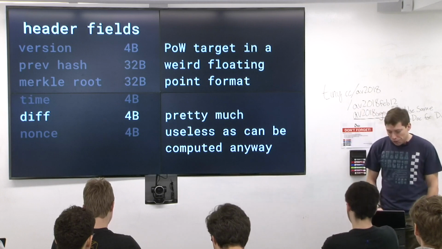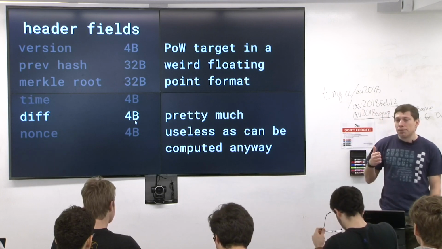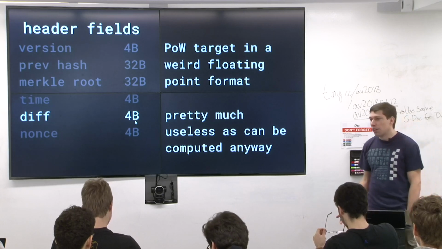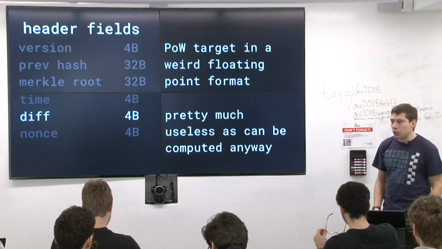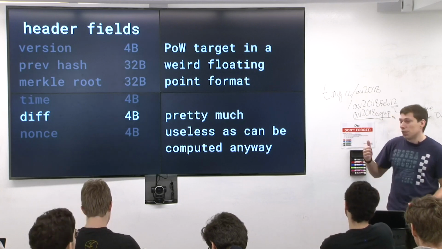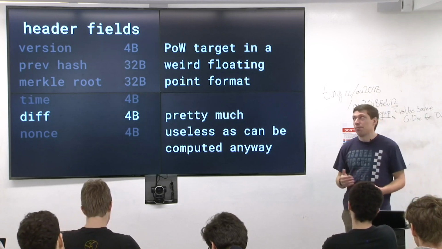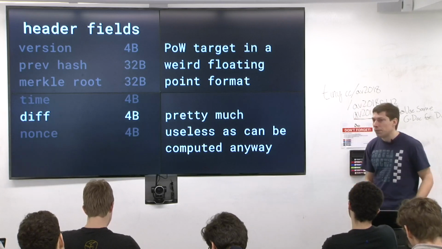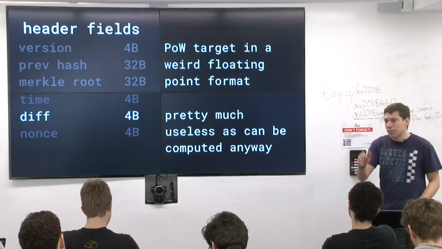One other rule with the restriction: the difficulty can go up by at most a factor of 4 and drop by at most a factor of 4. So if you mine 2016 blocks in one day, the difficulty goes up 4x, but does not go up 14x or whatever the implied would be. Okay, yeah.